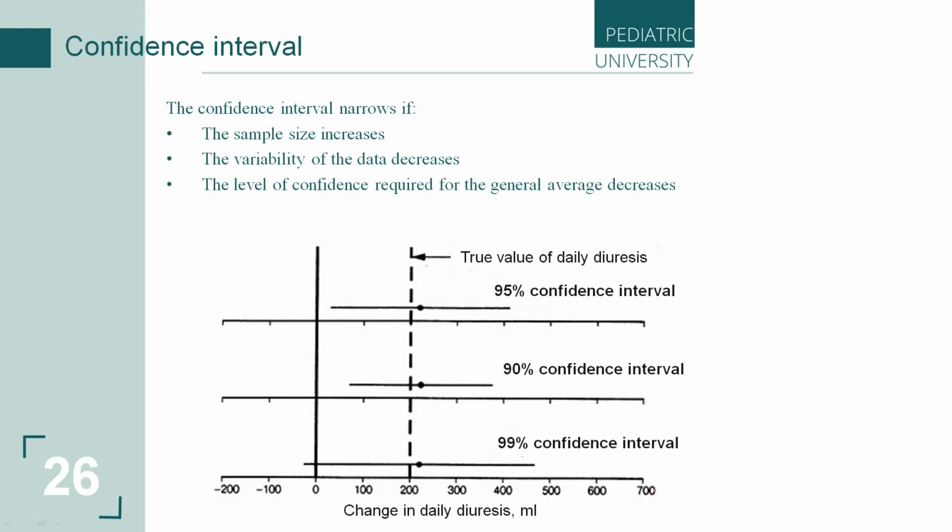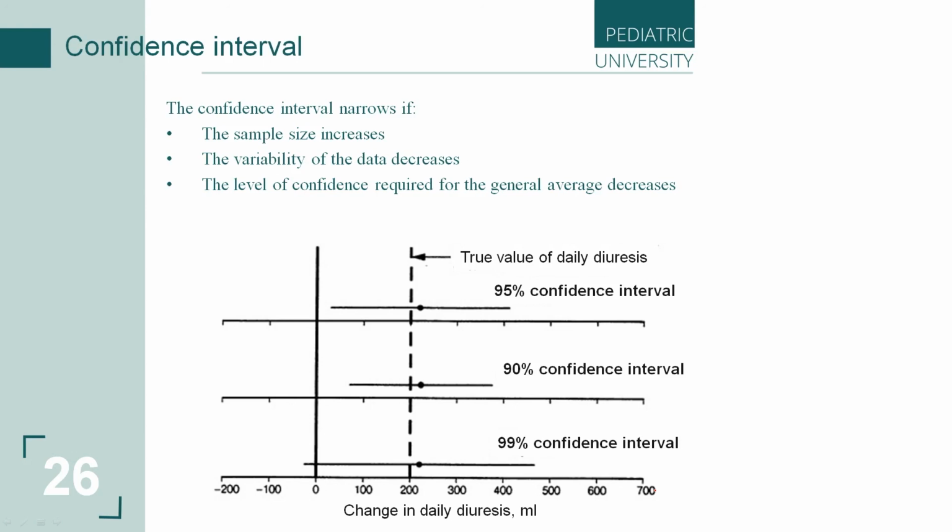And if the sample has a small variance, there is not as much variation in the data. These two would allow a more accurate confidence interval to be calculated. Also, the confidence interval decreases if we decrease the level of confidence needed for a general average.